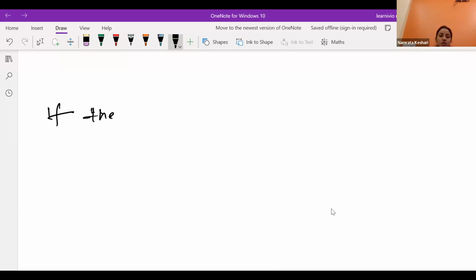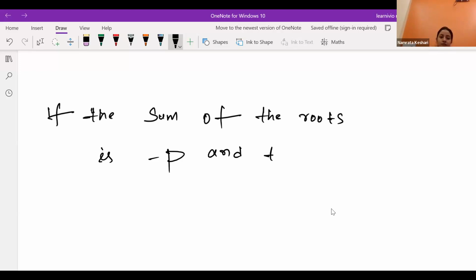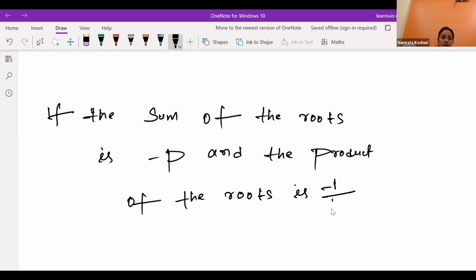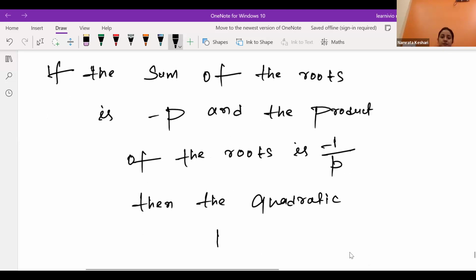If the sum of the roots is minus p and the product of the roots is minus 1 by p, then the quadratic polynomial is... please do it.